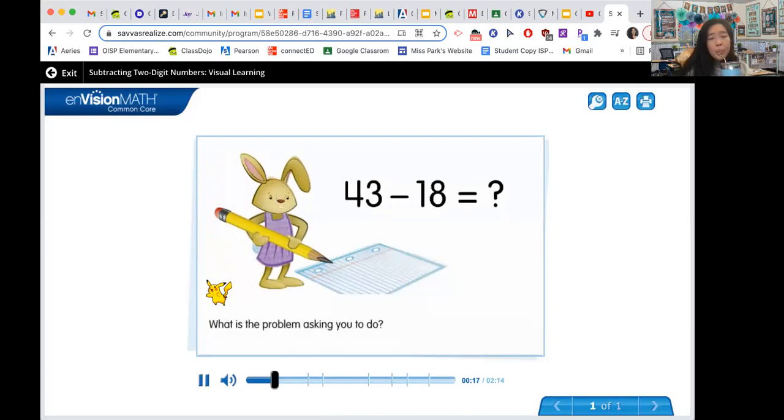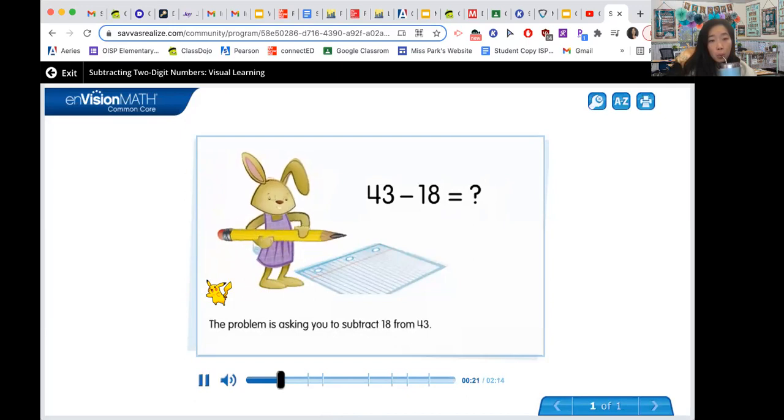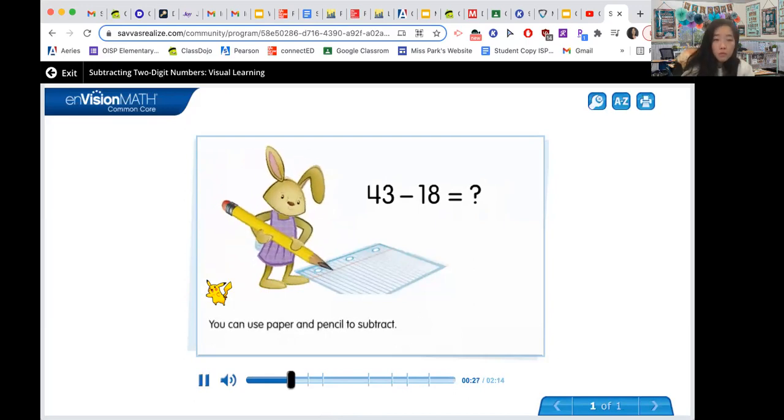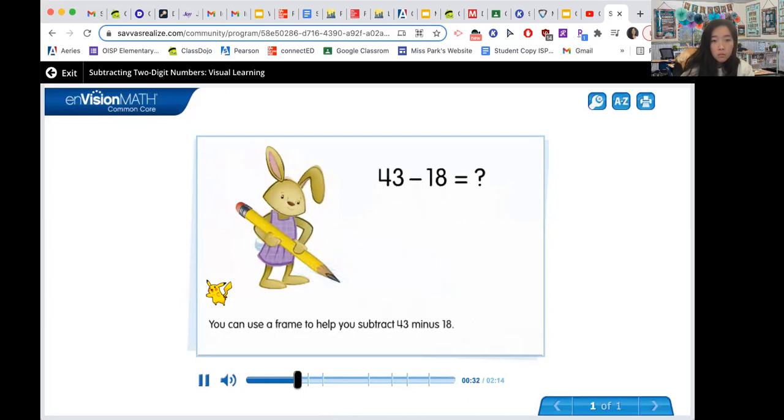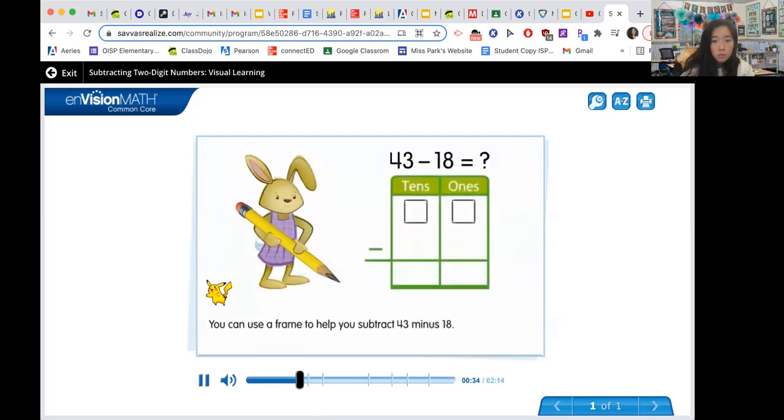What is the problem asking you to do? The problem is asking you to subtract 18 from 43. You can use paper and pencil to subtract. You can use a frame to help you subtract 43 minus 18.